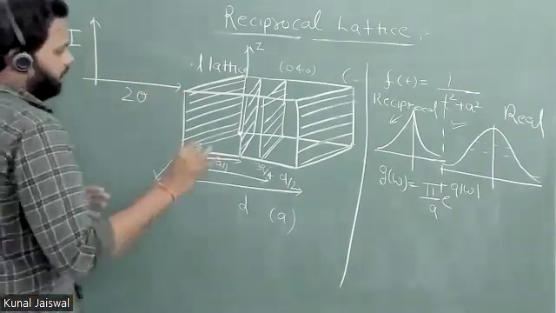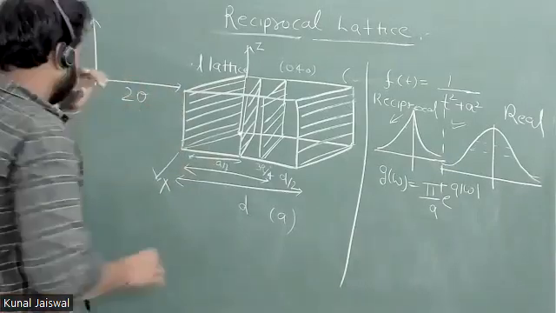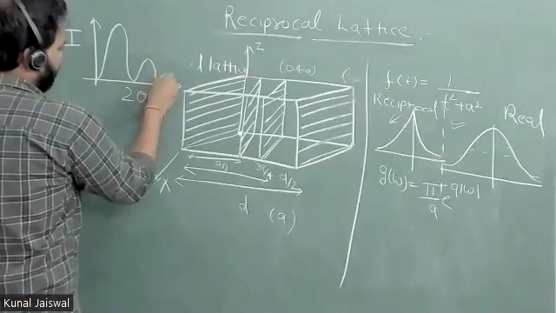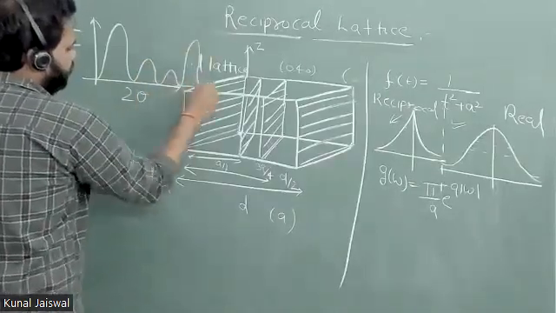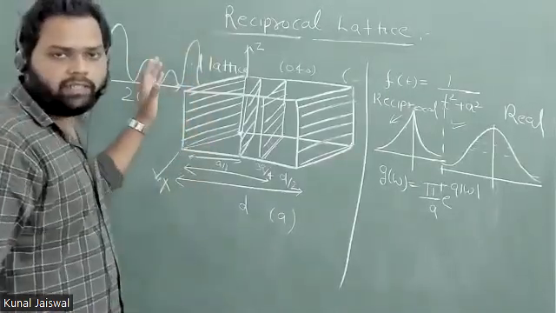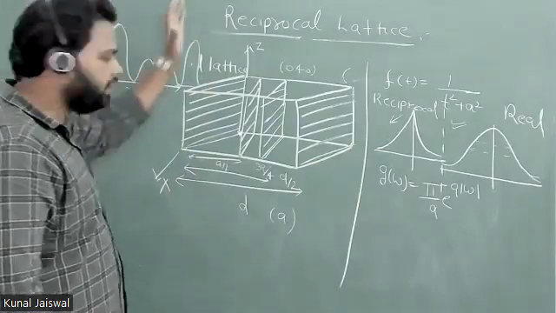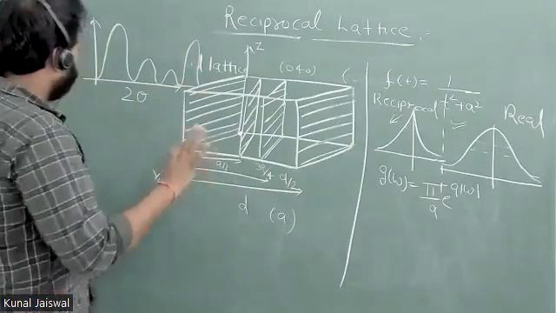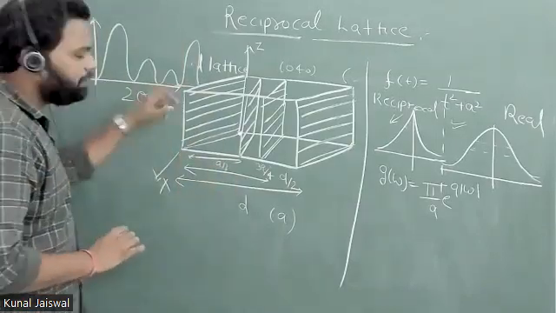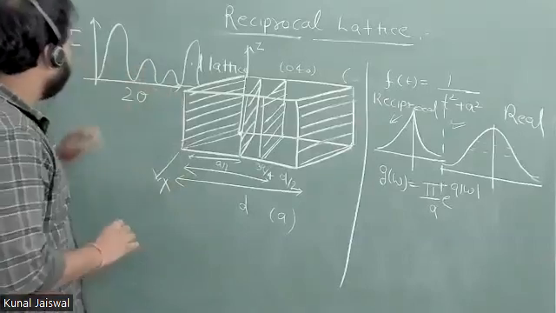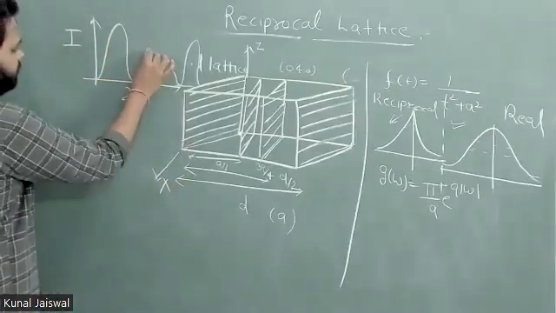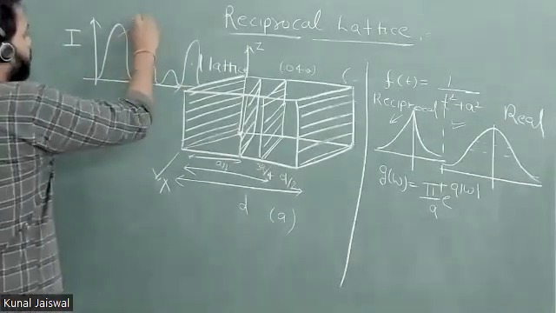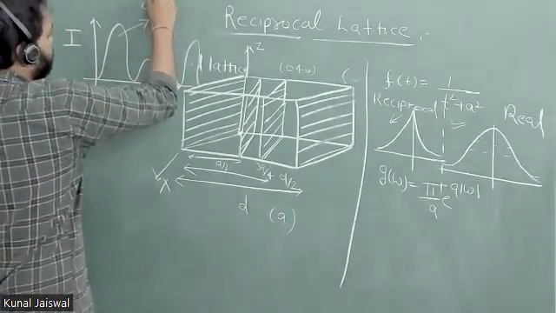Tell me, if I do this in real space, what will you get? You will get something like this. This is the interference maxima pattern, do you remember? Diffraction maxima come like this, lower in some places and higher in others. If we study this in real space, you get a curve like this, the broader curve. And studying this broader curve is quite difficult.